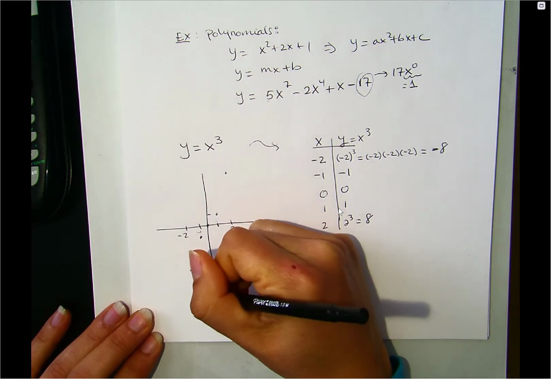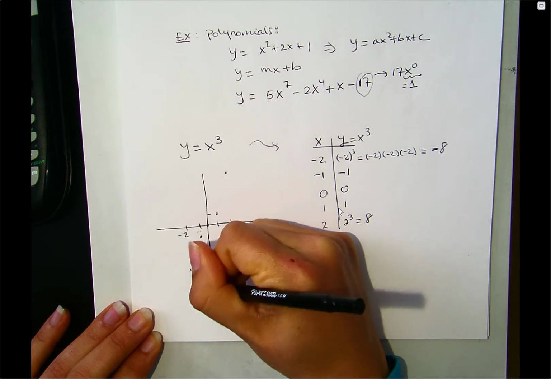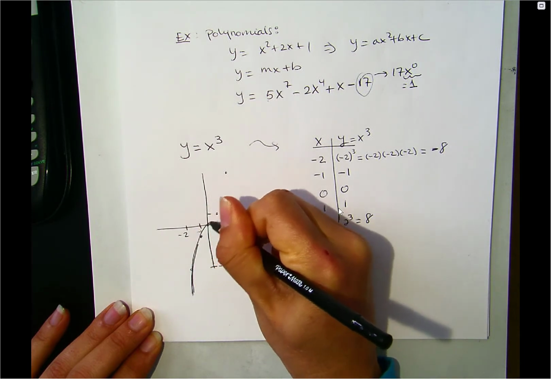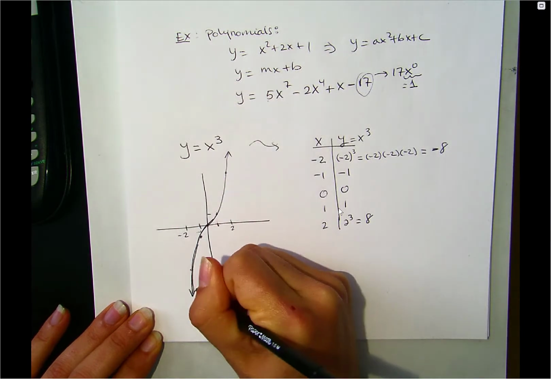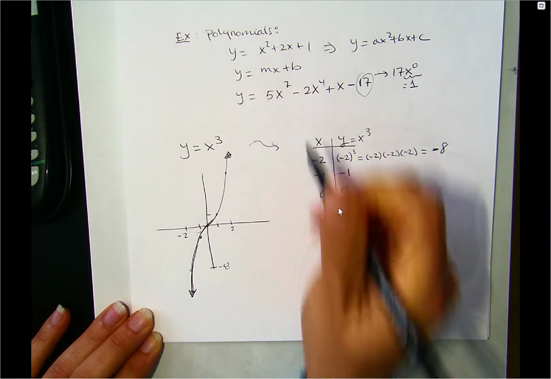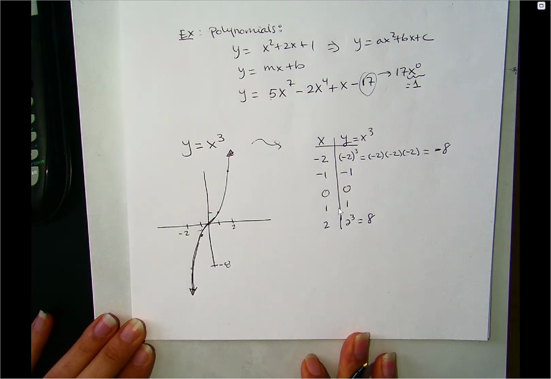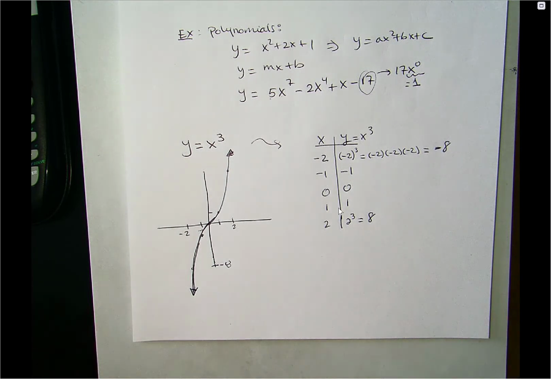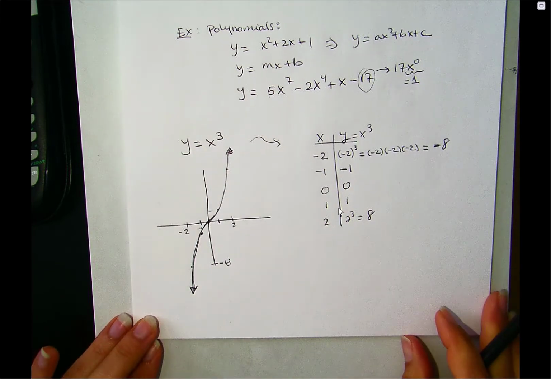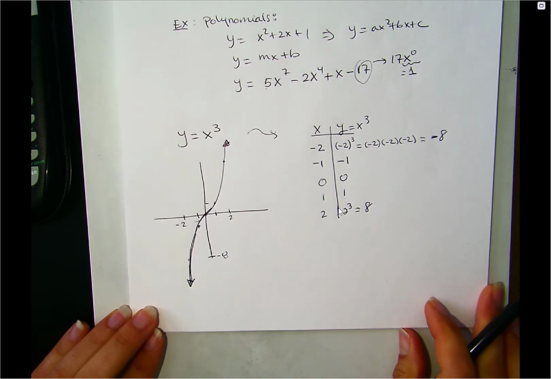I'm not doing it justice here, but this is the parent graph, y equals x cubed. I call it the John Travolta function. If you think of Saturday Night Fever, where he does the move with the hands. So this is the John Travolta graph.